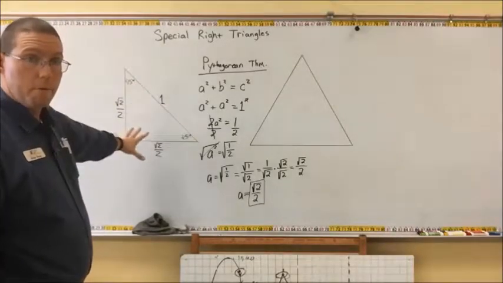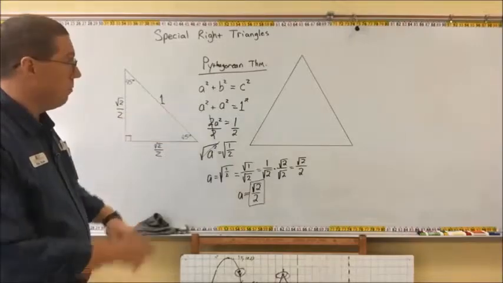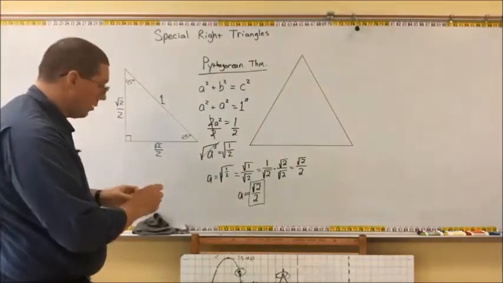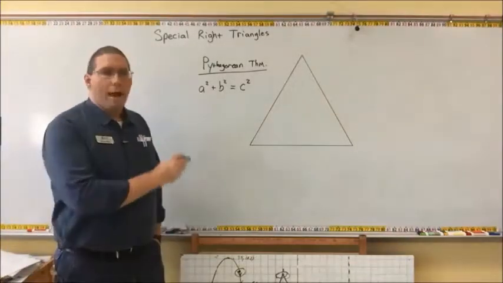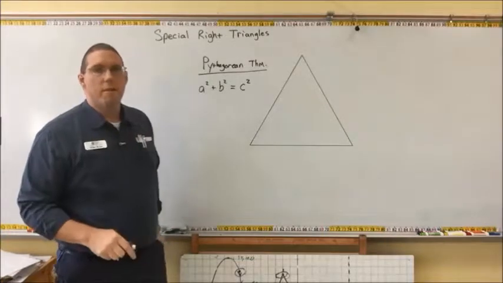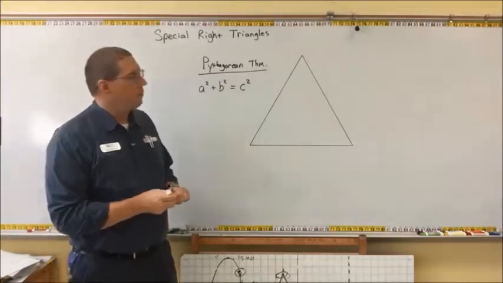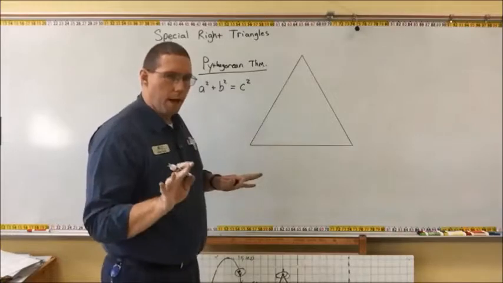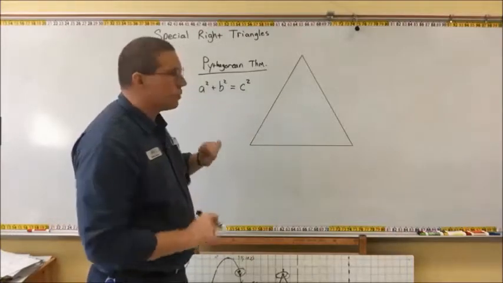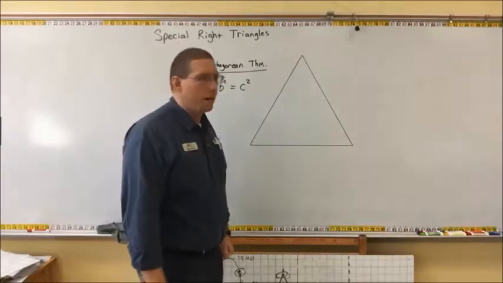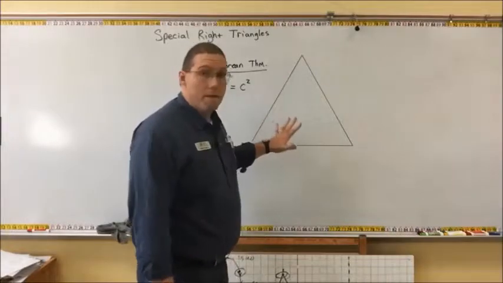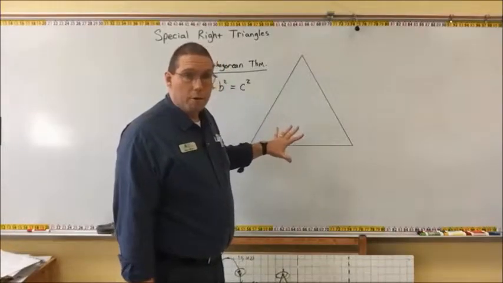You need to remember this right triangle, and we're going to move on now over to this other special right triangle. Okay, now we're dealing with this. This is an equilateral triangle. It's not a right triangle, not yet. But here's what's interesting about this equilateral triangle. What makes an equilateral triangle an equilateral triangle?